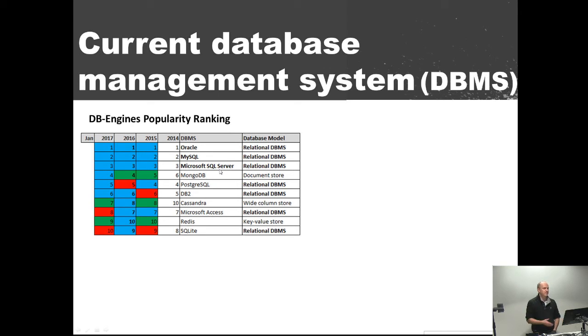That's been the same for the last 4 years. Interestingly, we have MongoDB, which was number 6 in 2014, and which has gone up to number 4. So that's maybe a system which is worth having a look at. Is it going to carry on going up?